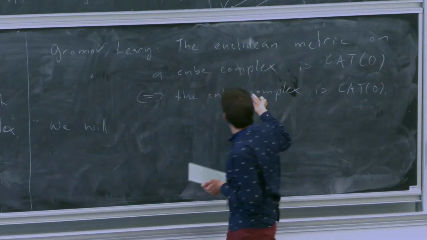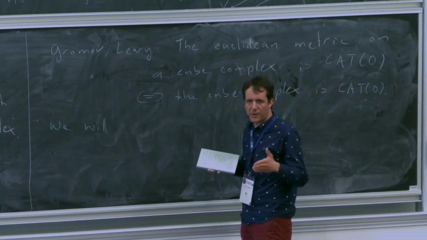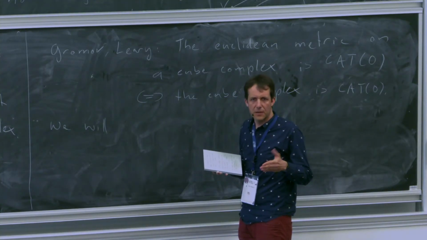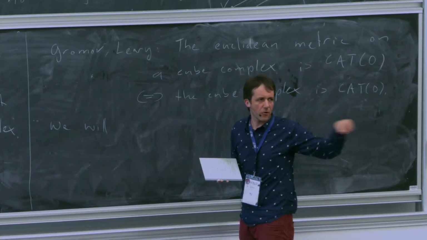In this course, we actually never work with this Euclidean metric. We will only work with the combinatorial structure of the one-skeleton. So we'll always consider the vertices with the combinatorial distance.